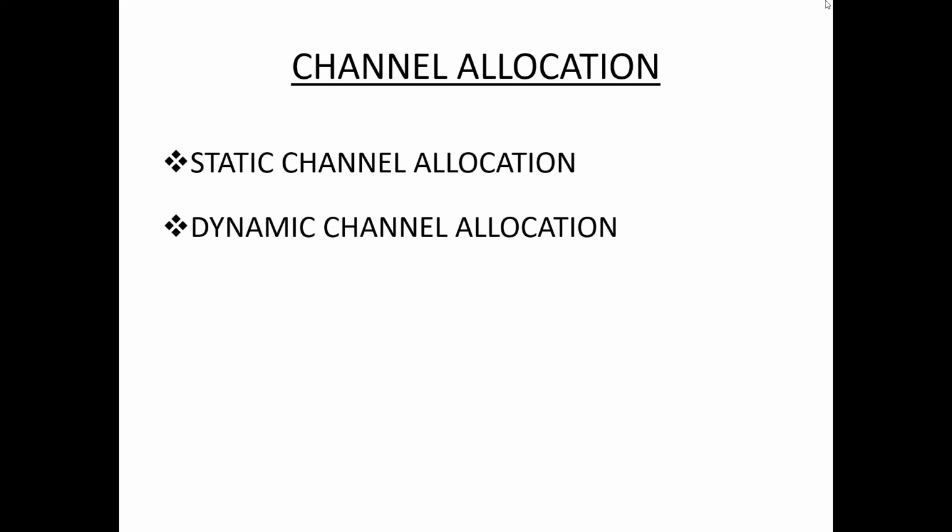In the static channel allocation scheme, a fixed portion of the frequency channel is allocated to each user. For example, if there are n users, the bandwidth is divided into n channels using frequency division multiplexing.